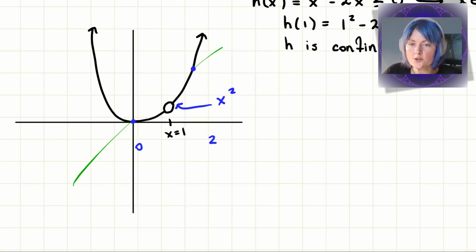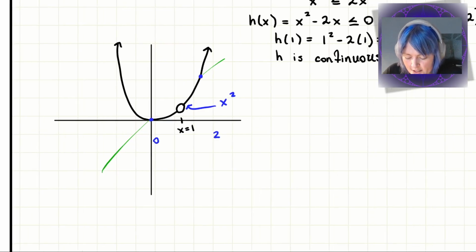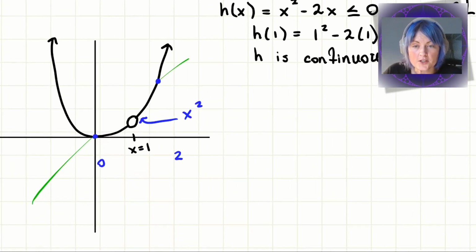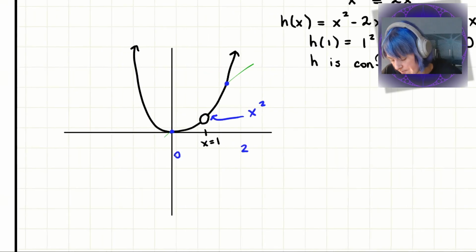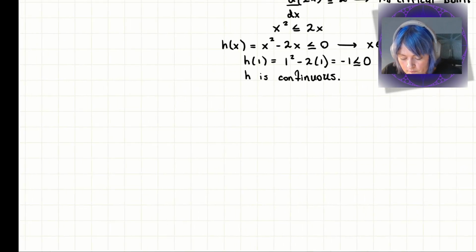If this was not continuous, I would have to be using some kind of theorem, like the intermediate value theorem. But we don't have that much time on the exam. It's really easy to just say h is continuous. And I think you're more likely to get better scores if you can show that you're thinking.